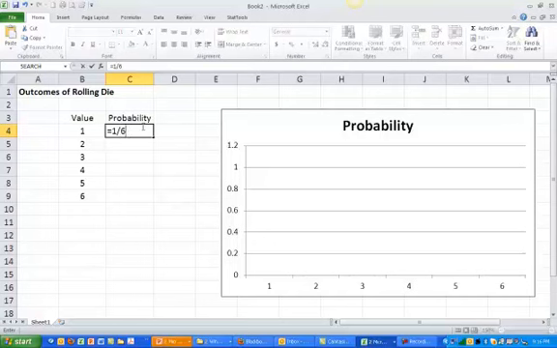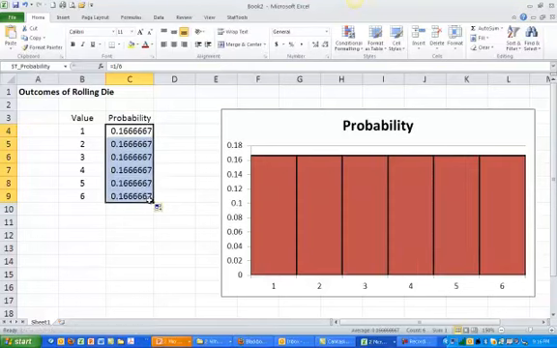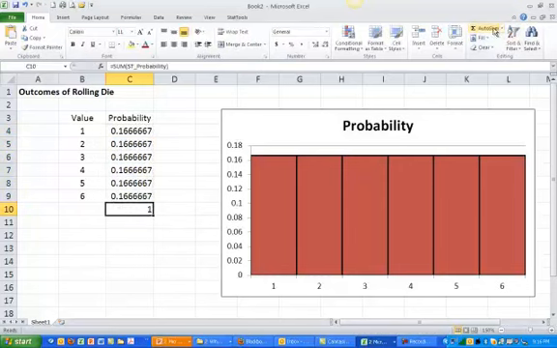So the probability of getting a 1 is equal to 1 over 6, and then I'll copy that all the way down for each of these values. So here I have exactly the same probability of getting each of the 6 values, and they should sum to 1. I'll use my AutoSum function just to check. And yes, they sum to a total probability of 1 across all the outcomes.